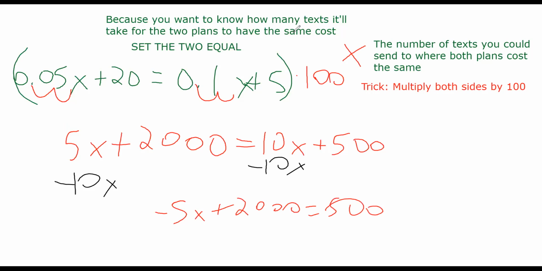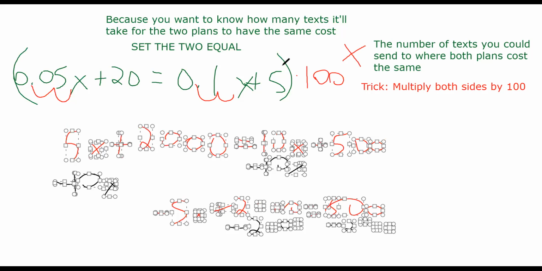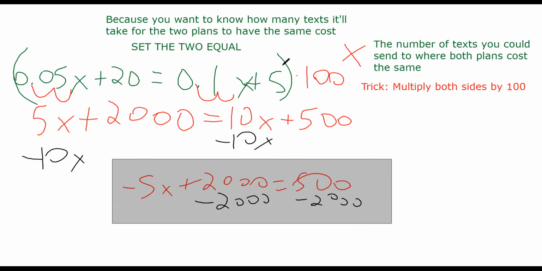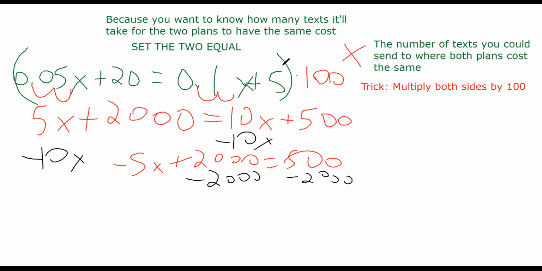So the numbers are a little larger. Now we subtract 2,000 from both sides. You're going to end up with negative 5x equals 500 minus 2,000.